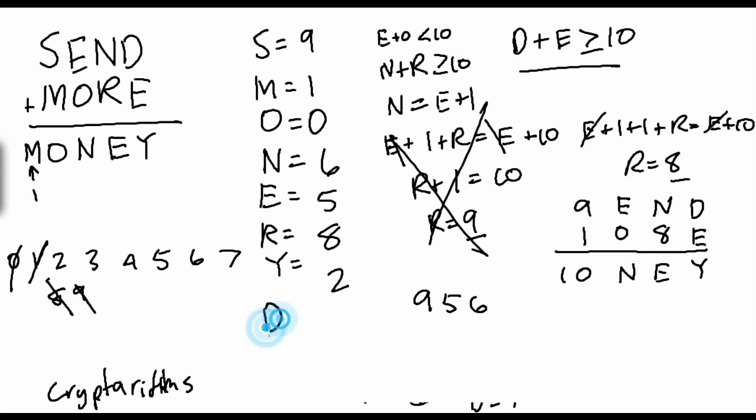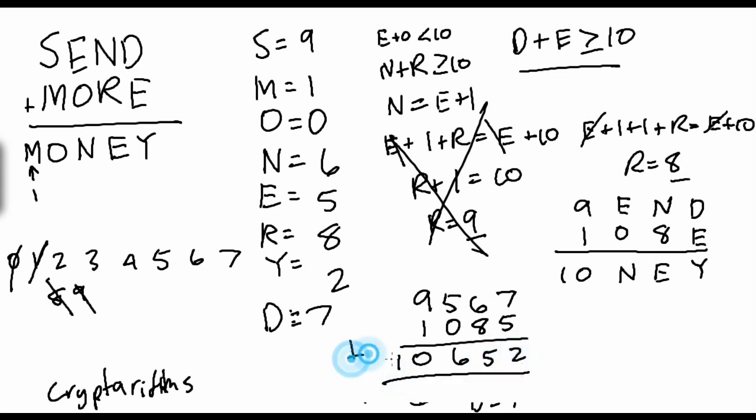Oh, I forgot D. Silly me. D would equal 7. And SEND MORE. So 6, 5, 2, SEND MONEY. So that's what we have.